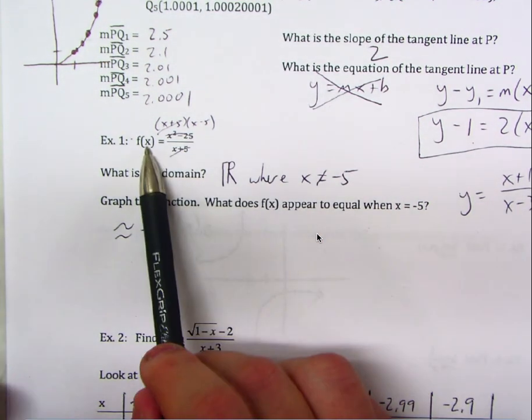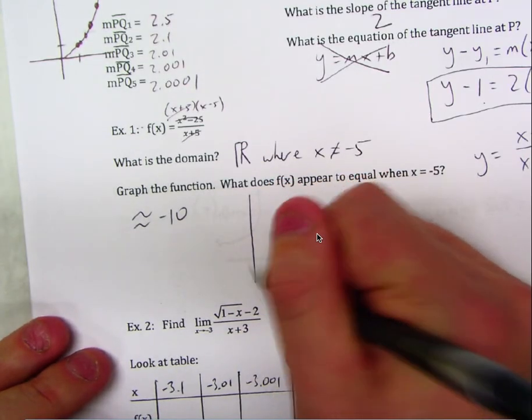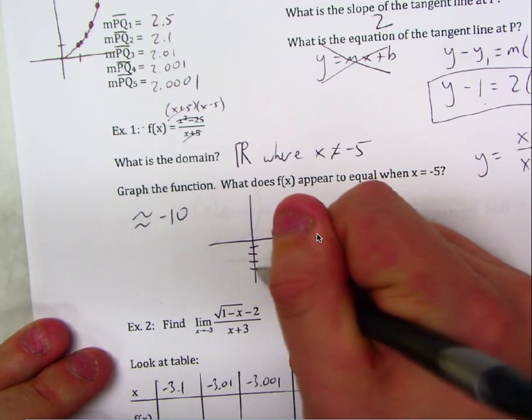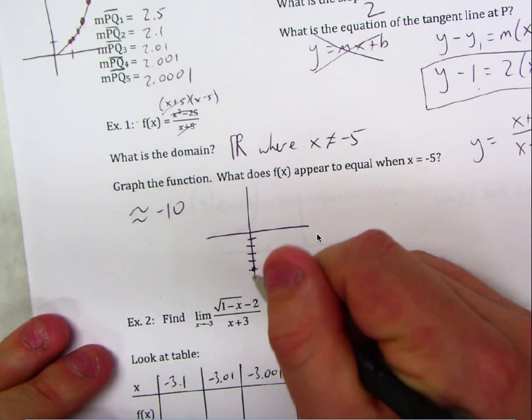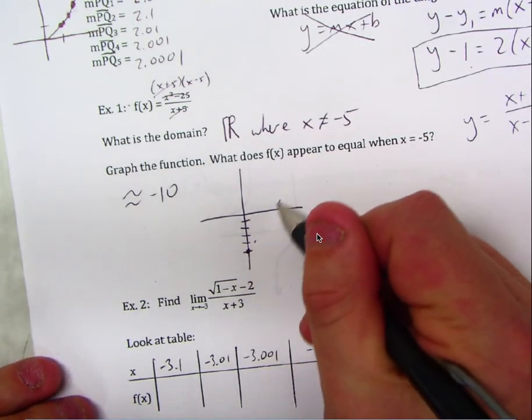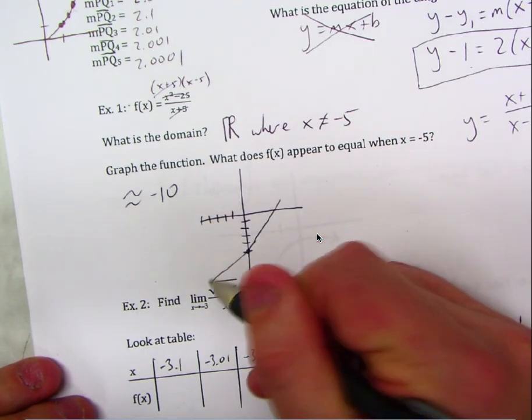So this function is actually the line y equals x minus 5, except, so I'm going to graph this really quick. So slope of 1, and I'm not going to graph this whole thing, but slope of 1, and then it's going to be a line like this. Except when x is negative 5, there's going to be a hole in the graph right here.